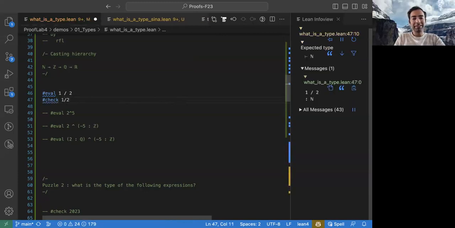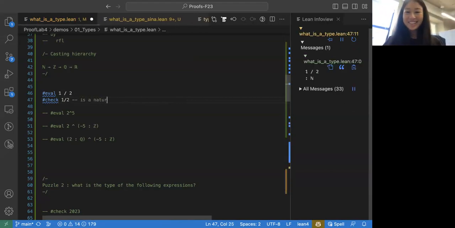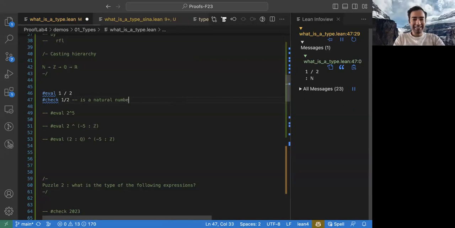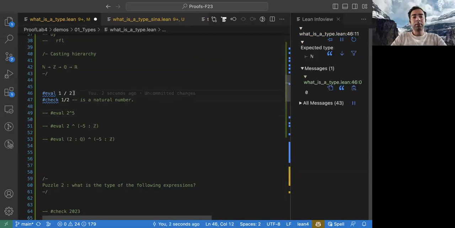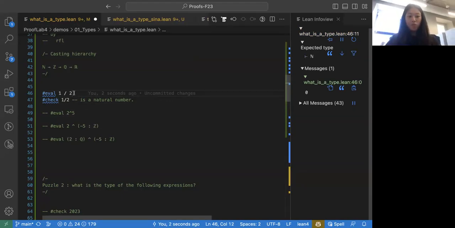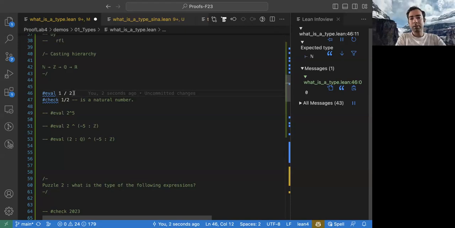It says natural number though. That's a hot take. Okay. I guess that makes sense since the type of the other two was. I think it understands the type of other two as natural numbers, and then it treats the slash as division of natural numbers. So the output has to be a natural number.